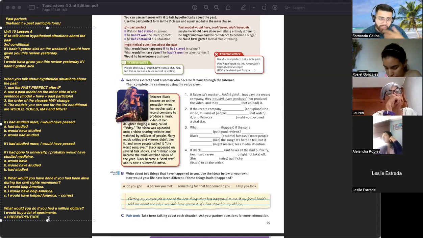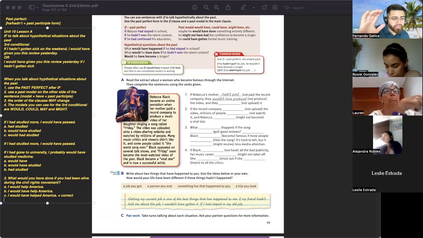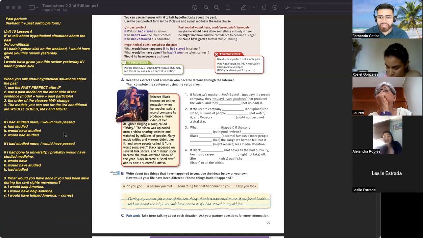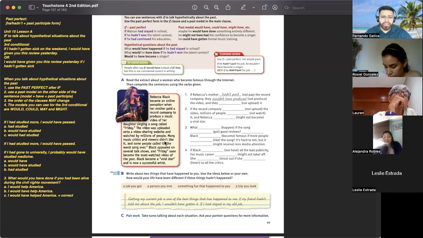When it's hypothetical about the present and future, we use would and a base verb, and if and a verb in the past, not the past perfect and not the past modal. But on the test, you're just going to focus on the past. Any questions about this?